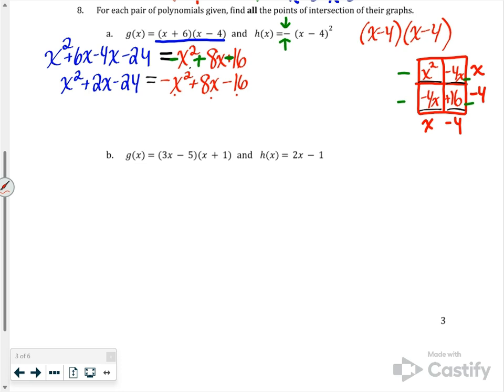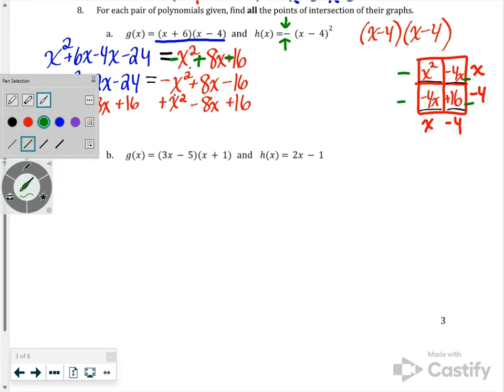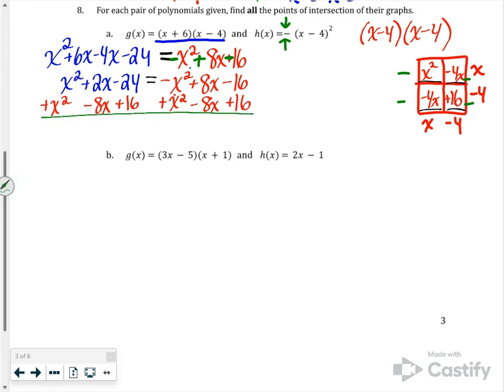Okay, now we're ready to start moving terms. Subtract 8x, add 16, so we'll add x squared minus 8x and add 16. So at this point, we are going to have 2x squared minus 6x, and negative 24 plus 16 is negative 8.